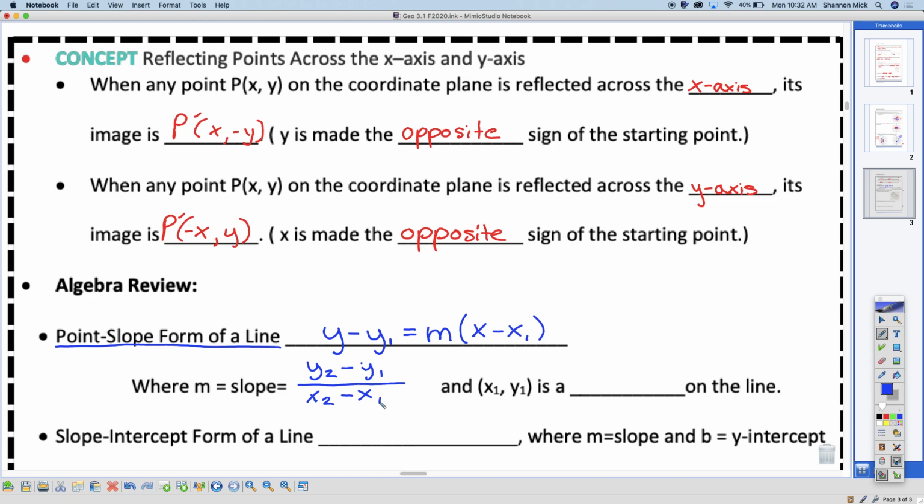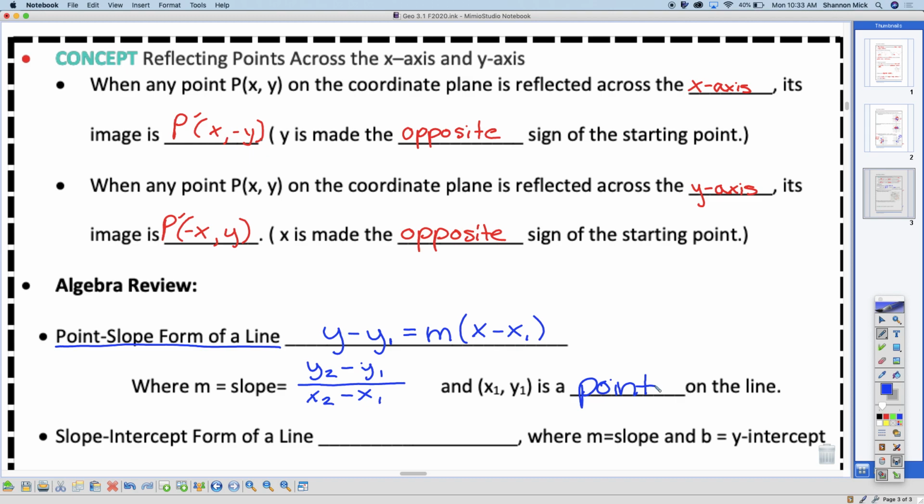Now, last topic we did parallel and perpendicular lines, and I said it's not going to go away. Guess what? It's not going to go away. We're going to keep doing it so you guys get it. x1, y1 is a point on the line. So this is my favorite form to use, because I plug in my slope, I plug in my one point, and then I add my y over, distribute my slope, and combine like terms.